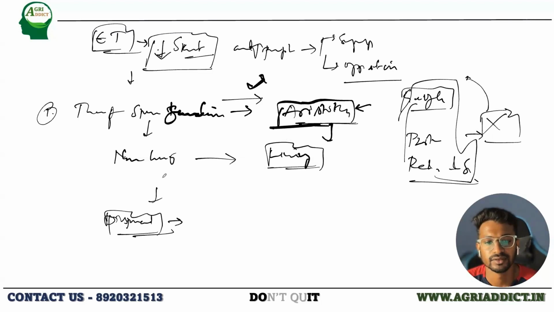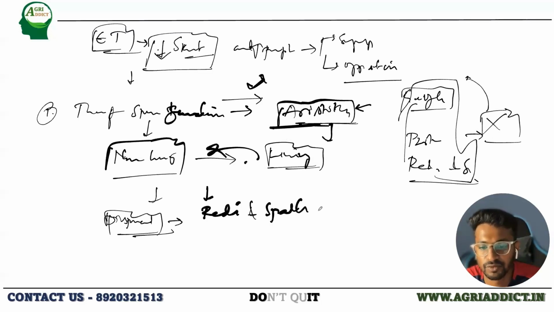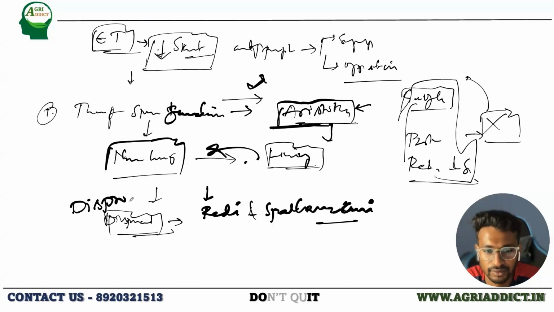So this theory says that all living organisms arose from non-living things. That is what this theory explains. But it was first disproved, with experimental evidence, by Redi and Spallanzani.